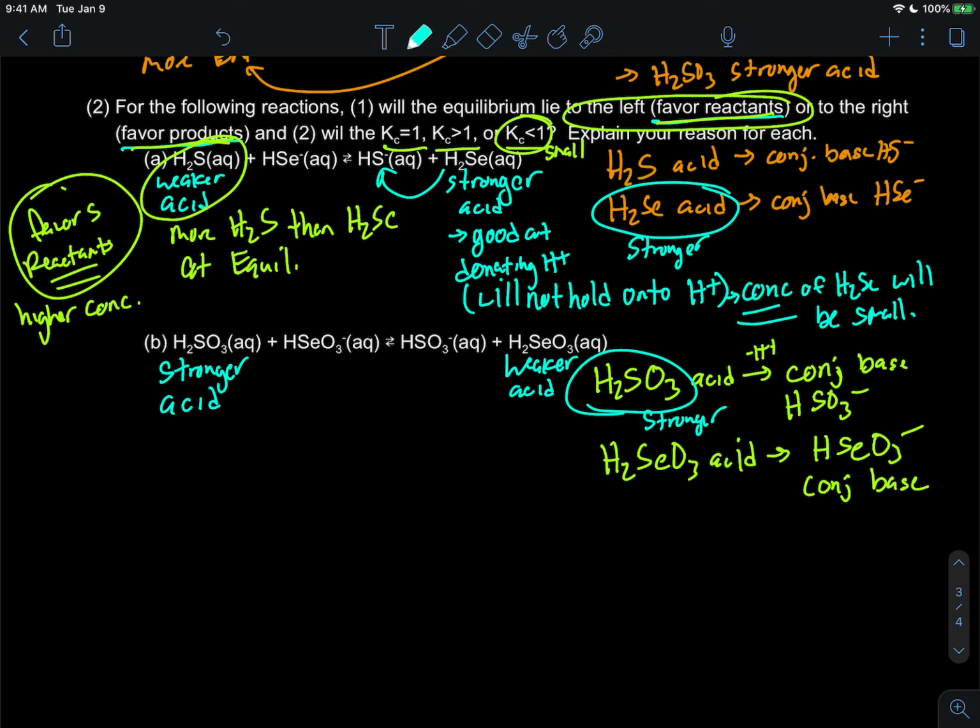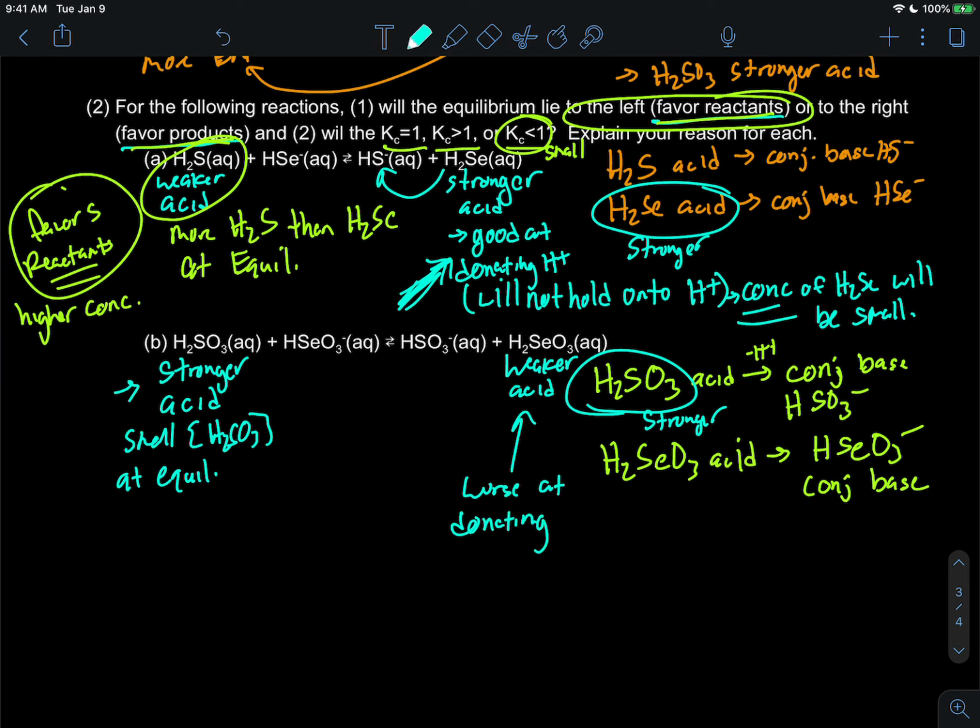And again, we think about the same idea we just thought about. Our stronger acid here is much better at donating its protons, meaning we're going to see a very small concentration of H2SO3 at equilibrium because it is good at donating a proton. That's what it means by it being a stronger acid. H2SeO3 is worse at donating a proton. Again, we're comparing that to the acid that it's partnered with, the H2SO3.